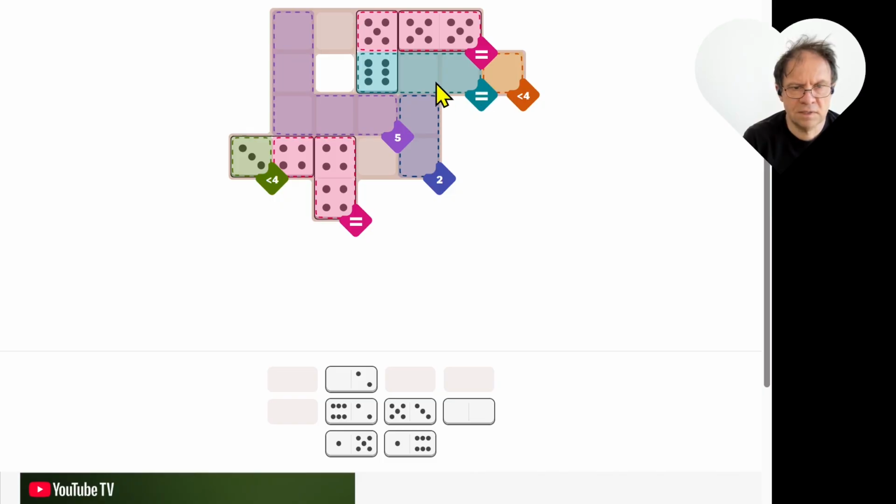I'm going to have to have a 6 that hangs down here. Uh-oh. Okay, so something goes here, something goes here, something goes here. So I need numbers in the purple that add up to 5, and they're not 6-1 and they're not 6-2, because I need those.